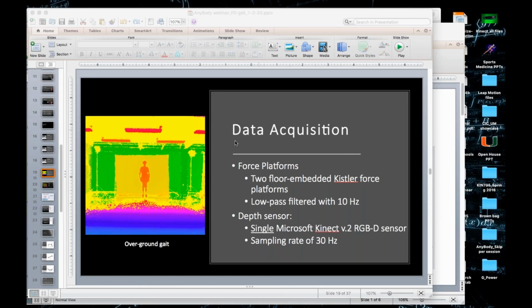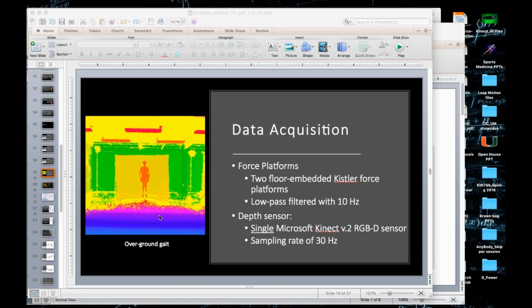Sure. Okay, you can see my screen? Yeah, we can. Perfect. What you see here on the left-hand side is the depth sensor data from the Kinect. For our previous work, we just used the depth data with MATLAB to get the trajectories and those landmarks to do the kinematic analysis, and also the SDK.